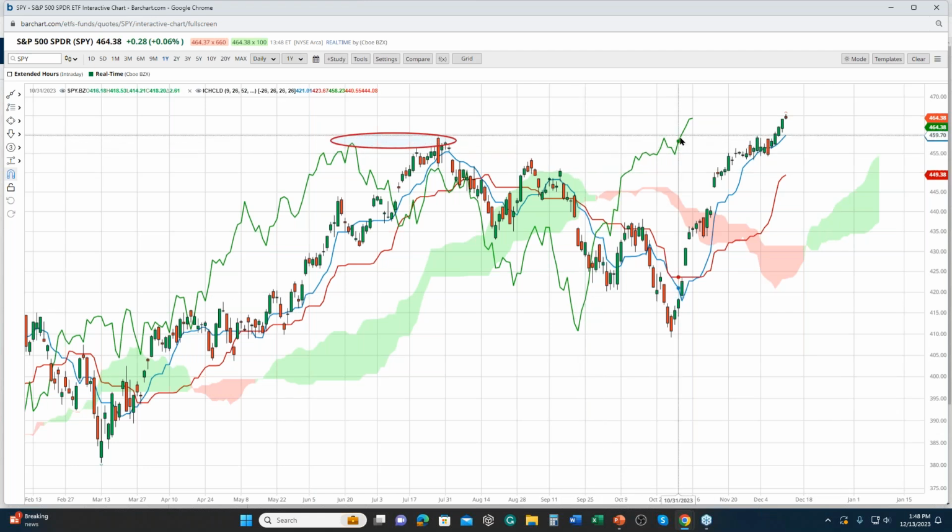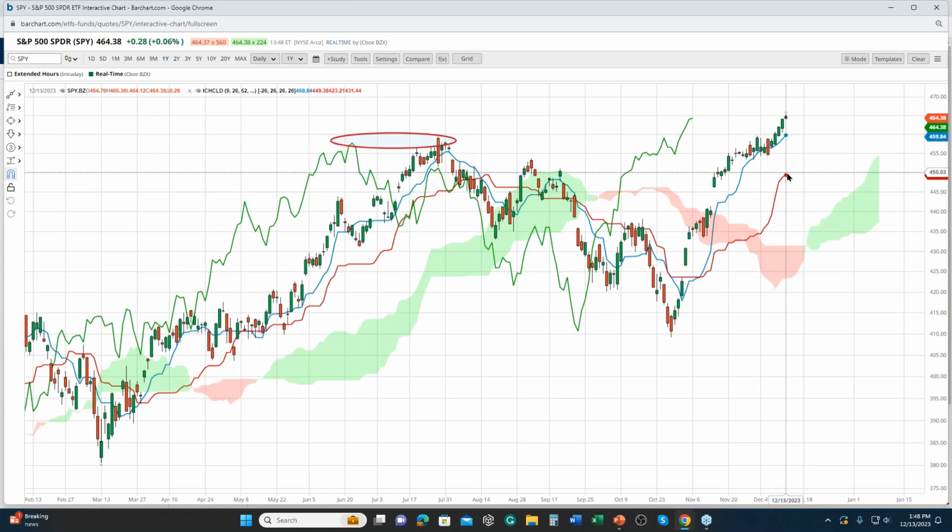We've just broken above a recent pivot high or peak of our lagging span, which represents a recent high, and we're gathering a lot more momentum. There's a lot of clear space. Our trend is still up. We're still staying above our trend line, right?